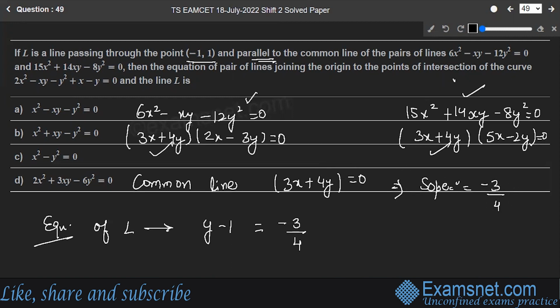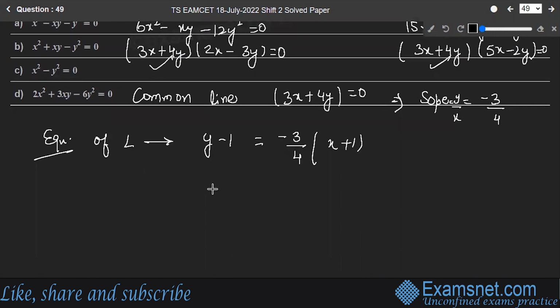Slope is actually equal to y upon x. So you will solve it and get the value of y upon x is equal to minus 3 by 4. Correct? So this is the slope, and x minus of minus 1 will be plus 1. This gives you 4y minus 4 is equal to minus 3x minus 3. This gives you 3x plus 4y minus 1 is equal to 0. This is the equation of the line L.